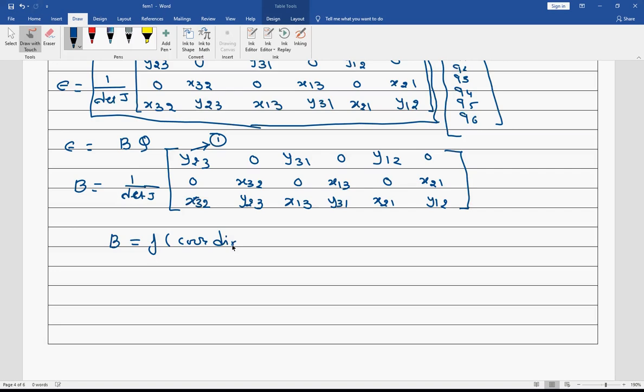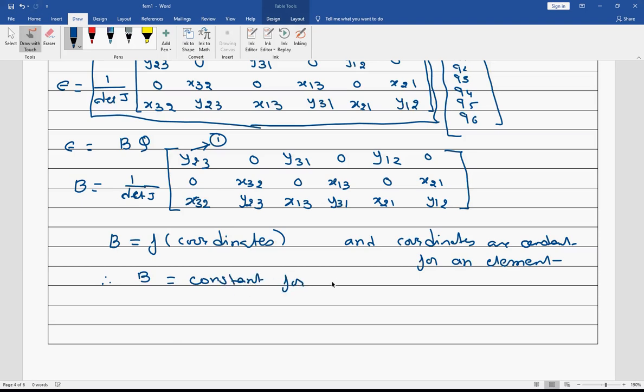If you observe carefully, it is a function of coordinates only, and coordinates are constant for an element. Therefore, the B matrix is constant for an element.